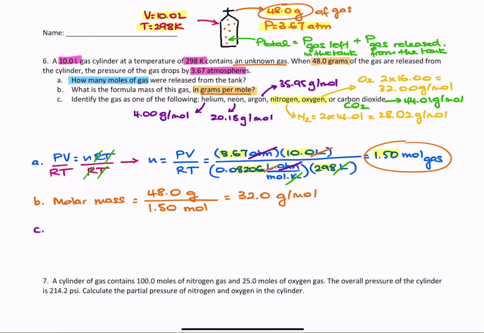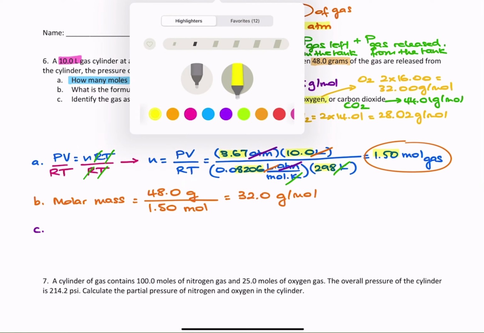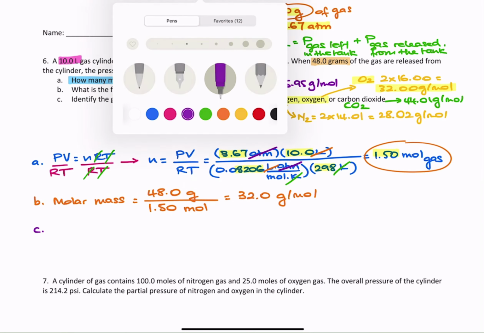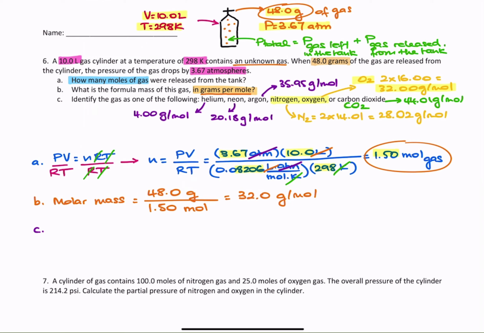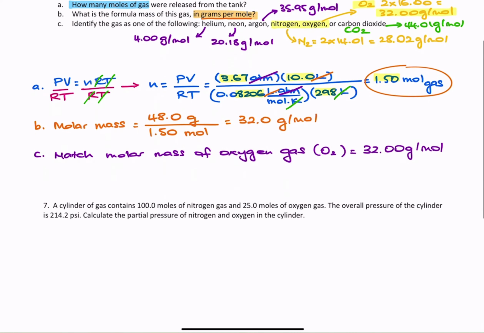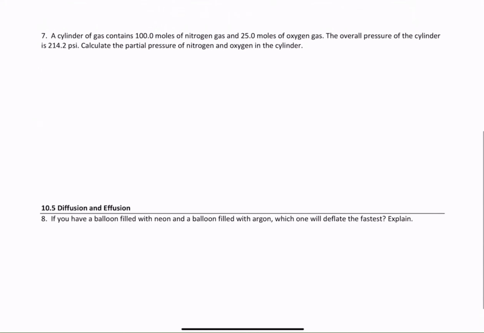Recall that this is carbon dioxide. So we have a match. Here's our match. Therefore, what is this unknown gas? It matches the molar mass of oxygen gas, O2, 32.00 gram per mole.